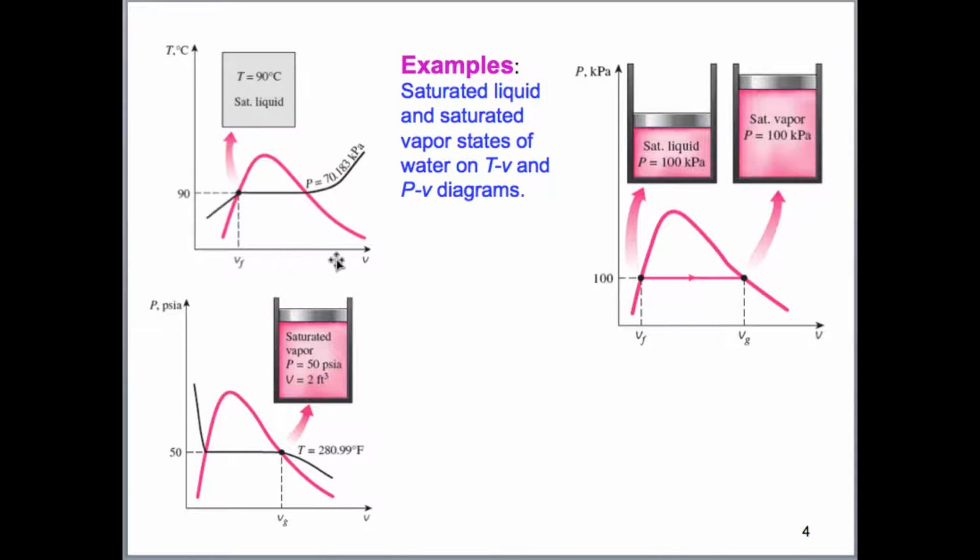We also have a TV diagram. And this flat part is going to be describing the portion where we have our enthalpy of vaporization, and we can get these values from the table in the back of our book. Okay.